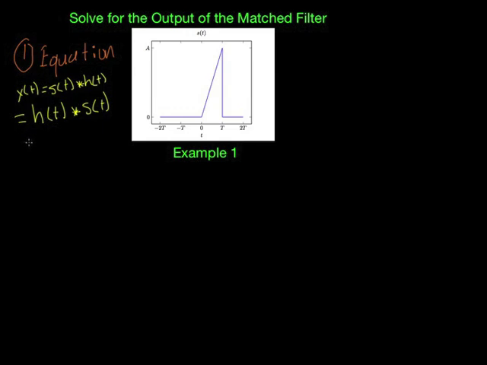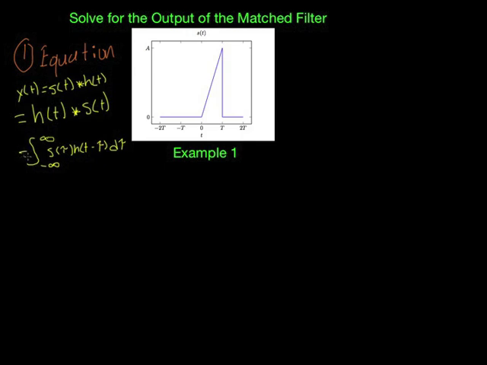And to take it a step further, one of the methods that we'll be using to solve for the output is to put this in integral form. In integral form, it takes the form of the integral from negative infinity to positive infinity of s of tau h of t minus tau d tau.